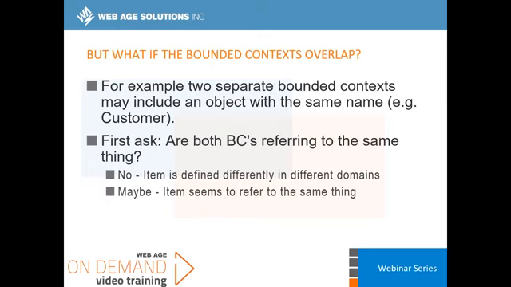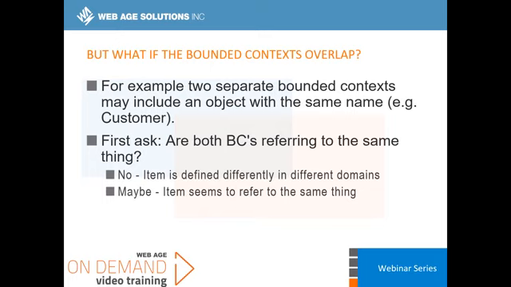What if I've got two bounded contexts and they refer to the same thing, or at least they use the same name? One of the more common examples, of course, is customer, because customer tends to be involved in a lot of different things in any kind of retail or customer-facing business. So we ask ourselves the question: are both of those bounded contexts referring to the same thing?